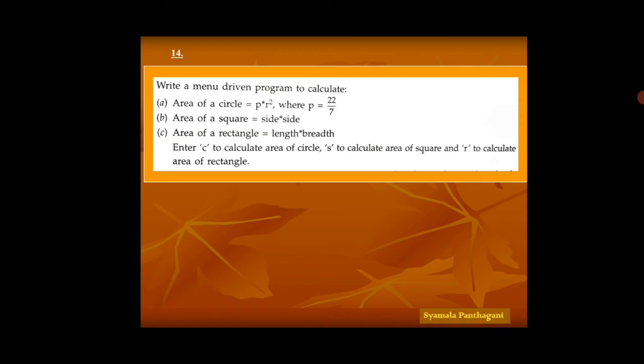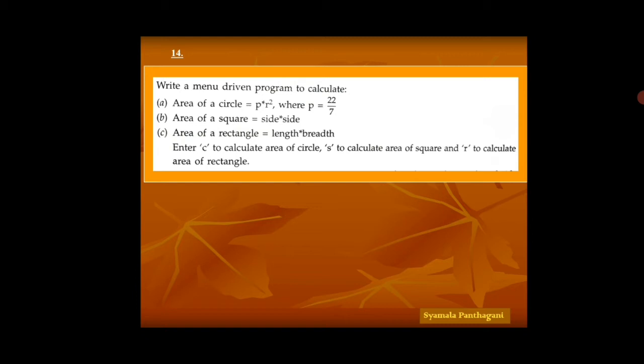Now I would like to give you some explanation. Here, menu driven programs means we have to write as a menu. Enter C to calculate area of circle, enter S to calculate area of square, and enter R to calculate area of rectangle.